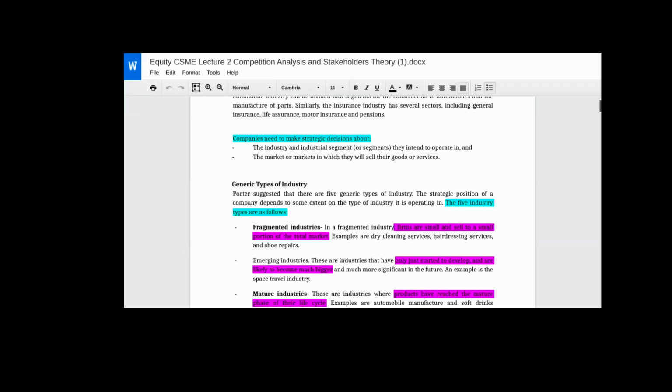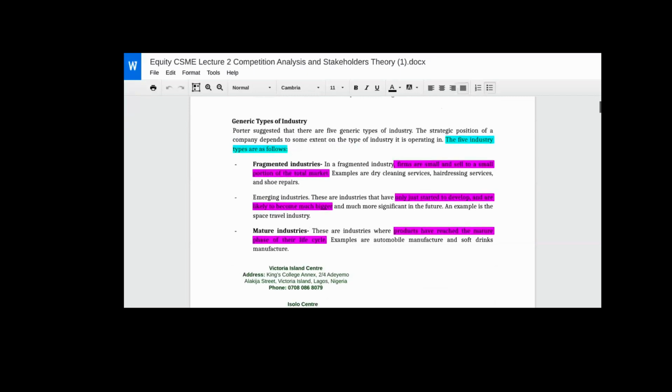So having looked at that, we look at the generic types of industry. What are the various types of industry? Among the various types of industry that we have is the fragmented industry. When we say fragmented industry, the word segment or market segmentation applies here, because fragmented industries are smaller industries that make up the total market or industry.